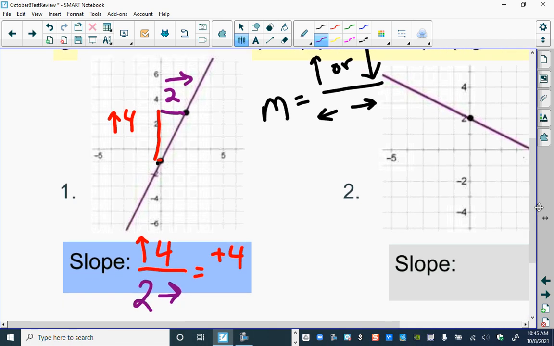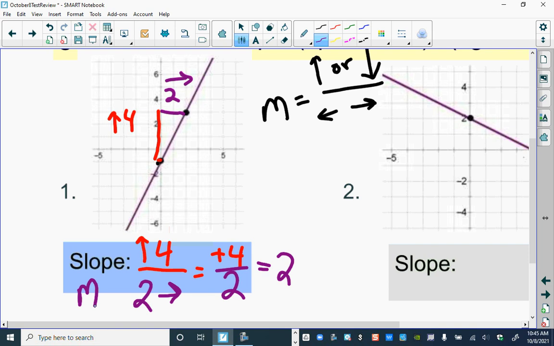So then we went 2 to the right, positive. So it will be a positive slope in the end. Now, can we simplify the 4 over 2? Yeah. Slope equals 2. Slope is always that letter M. It's easy. M is 2.